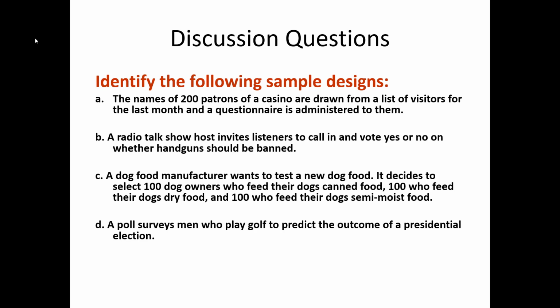Number one, obviously, it's convenience, right? It's whatever is available. Number two, again, it's a convenience sample. Basically, whoever is calling in just votes yes or no. Number three is the quota sample. Number four is judgment.